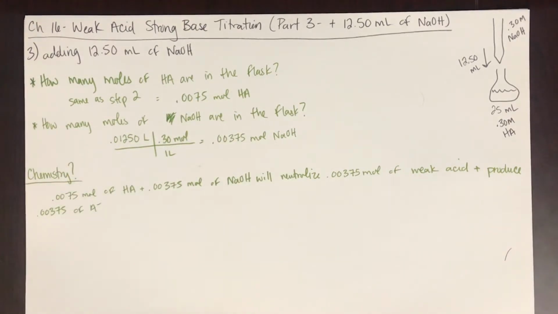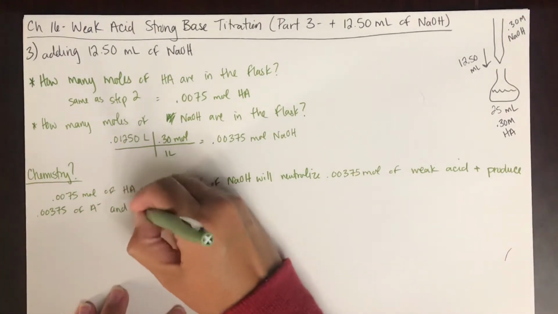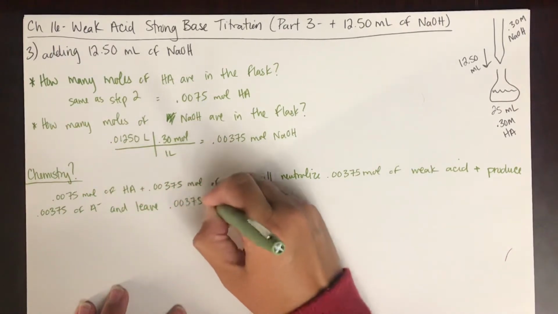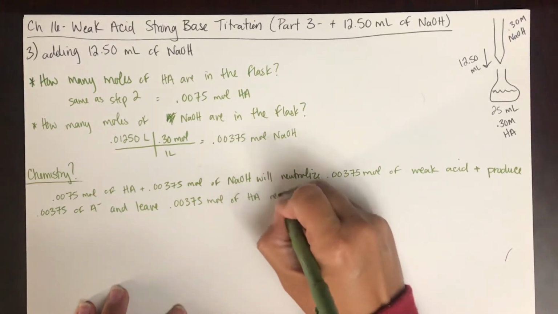When it is neutralizing the weak acid, it's also producing the conjugate base, and leaves 0.00375 moles of HA remaining.